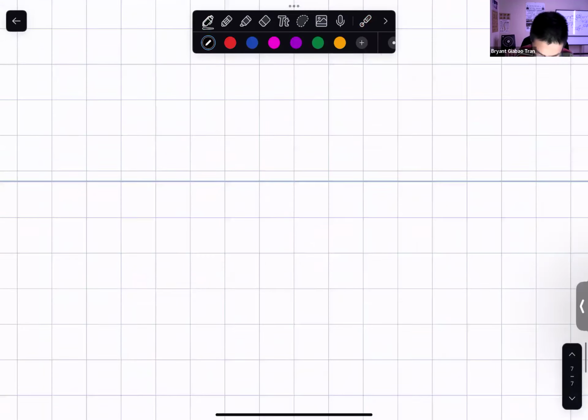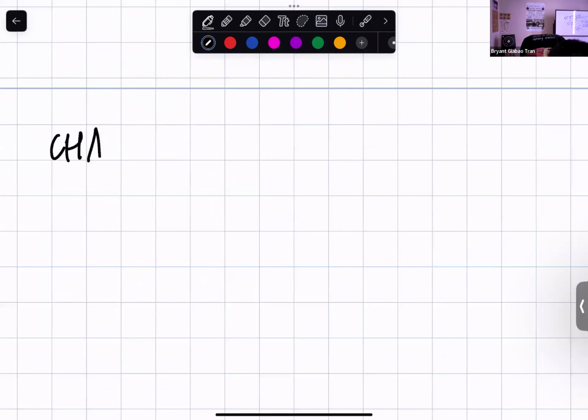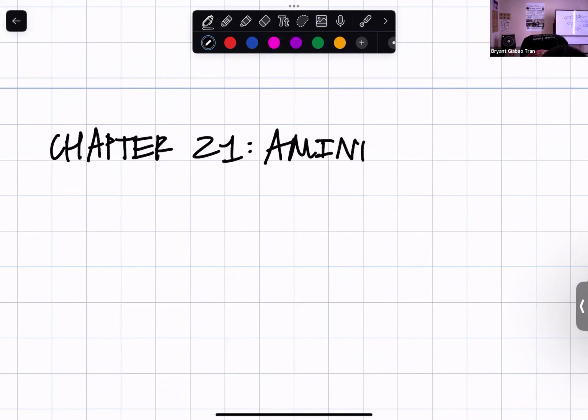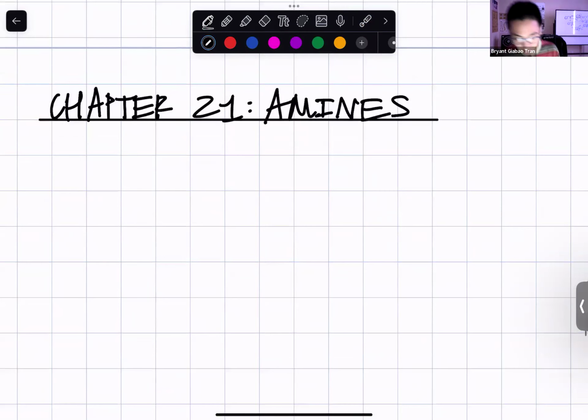So chapter 21 is going to talk about the amines. Right? And first, there's a lot of things going on.